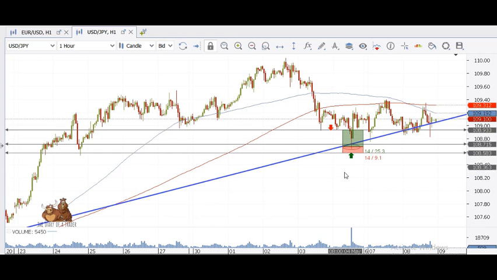So you enter, let's say, around 108.70. And then, as we said, ideally, since we don't have any kind of support below the trend line, we are giving around 10 to 15 pips of a cushion in order to defend against this false breakdown that actually happened here.